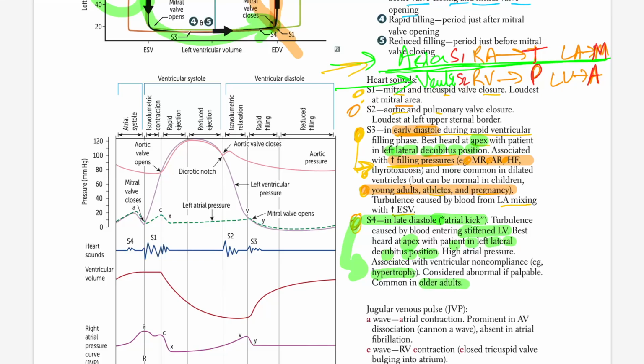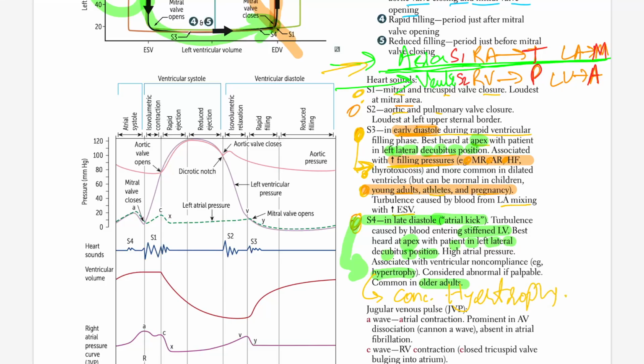That's the S4. Now, the question is, which hypertrophy are we looking at? So there are two different hypertrophies. That's high yield. So this hypertrophy is basically due to the fact that you have a concentric hypertrophy. And we will talk about what concentric and eccentric hypertrophies are in other lectures. But this is concentric hypertrophy, just to remember in the mind.